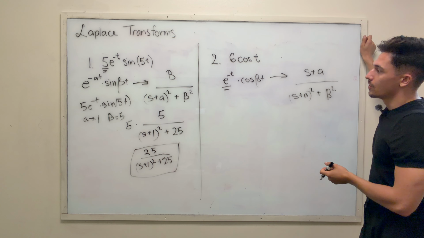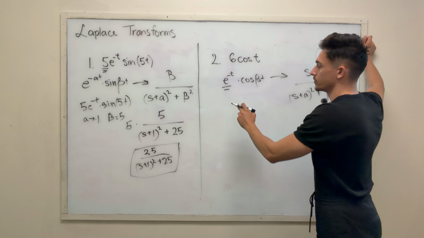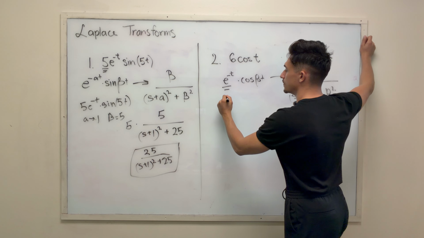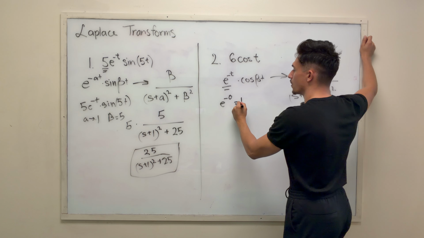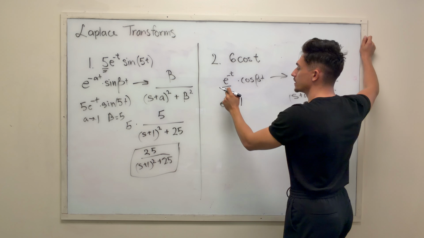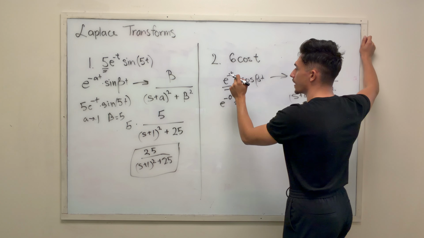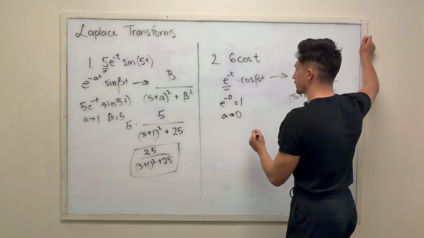And so what we have to realize is that e to the negative 0 times t becomes 1, because we don't see this represented, so that means that a is actually 0.